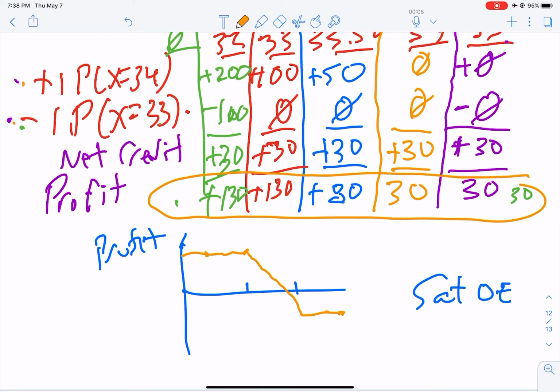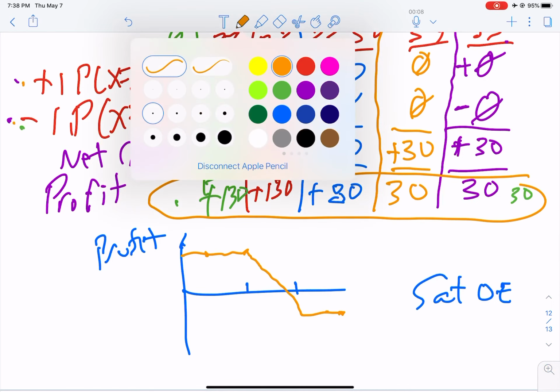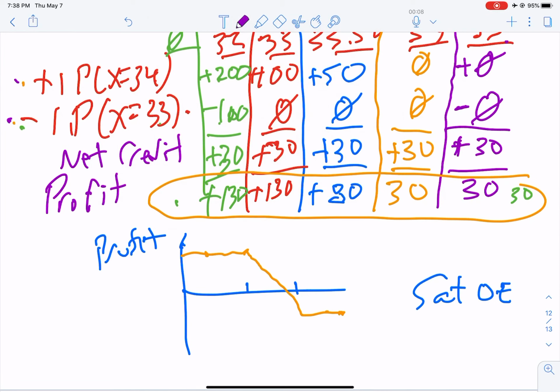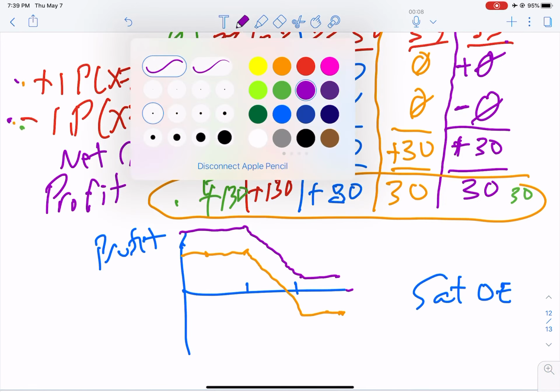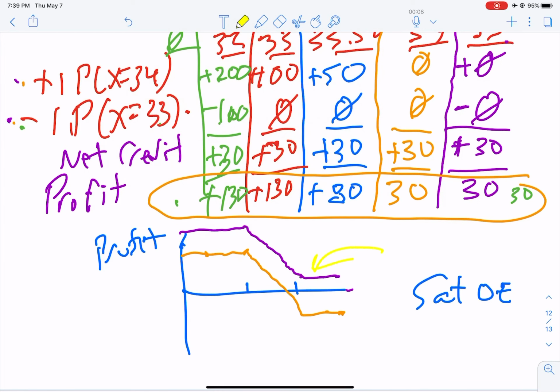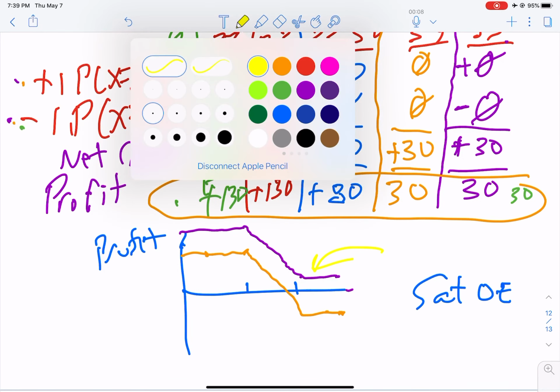As a matter of fact, our lowest profit is 30 and our highest profit is 130. So I'll put this one in purple, and it's going to look like this. This purple diagram is the profit diagram that we now have, and it's actually quite interesting.